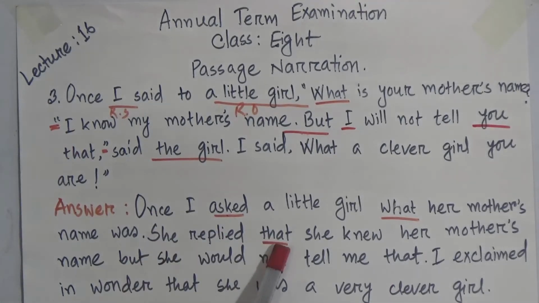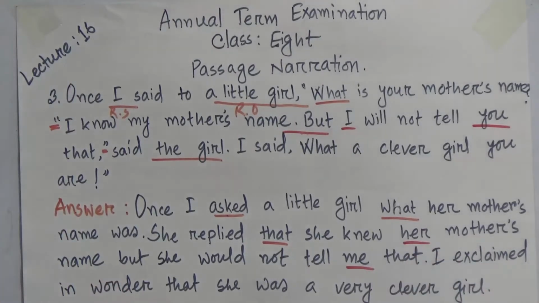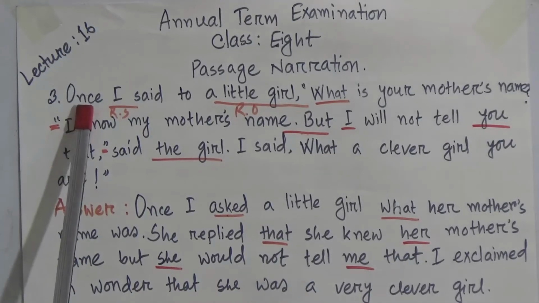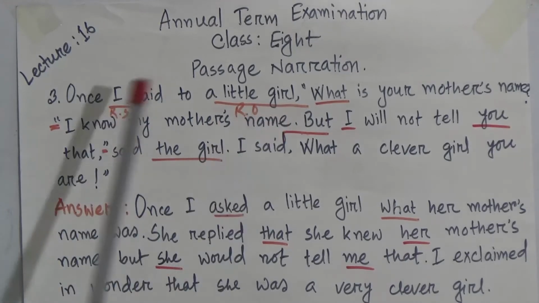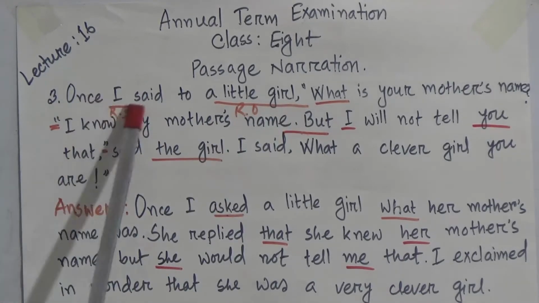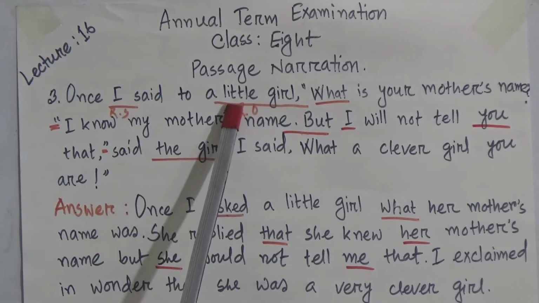So I am saying to you the answer of this sentence again. She replied that she knew her mother's name, but she would not tell me that. Be alert about changing these persons. I am telling you again that the first person would be changed according to the reporting verb's subject, and the second person would be changed according to the object of the reporting verb.